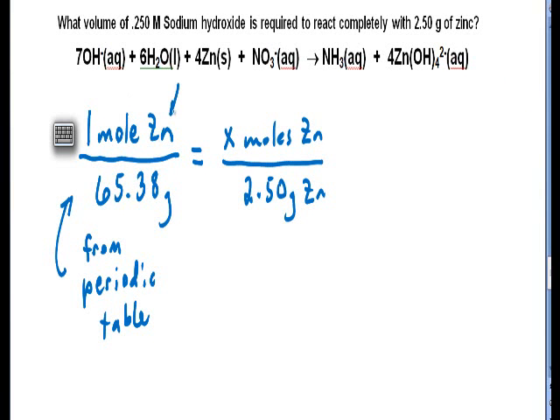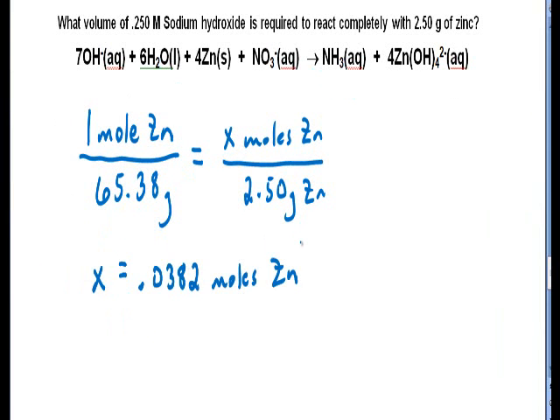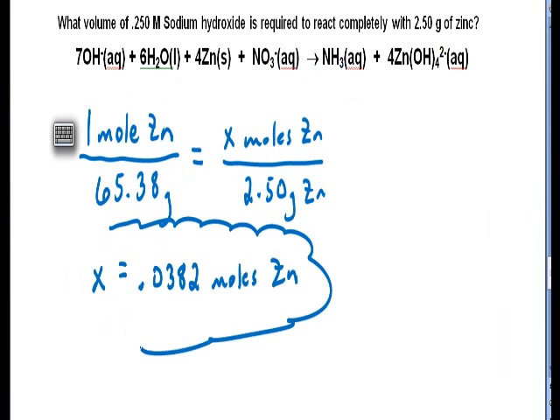If we know that we have 1 mole of zinc present in 65.38 grams of zinc, we can now solve for X moles of zinc that would be present in 2.50 grams of zinc using this proportion. When we solve for X, it gives us 0.0382 moles of zinc are present in our 2.50 gram sample of zinc.